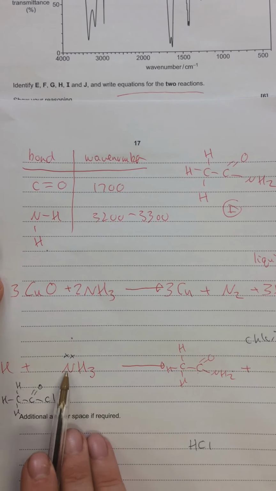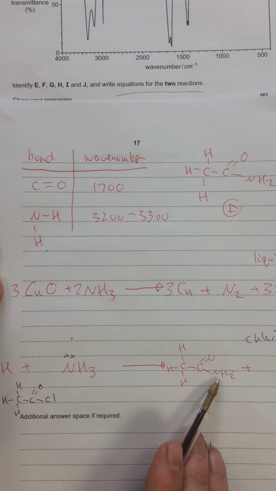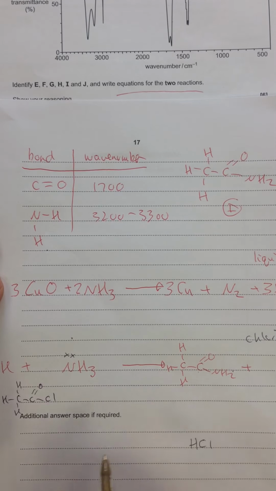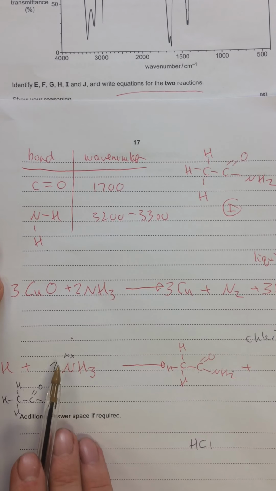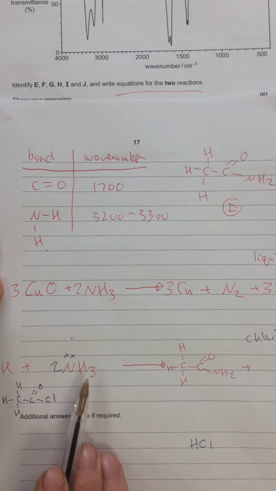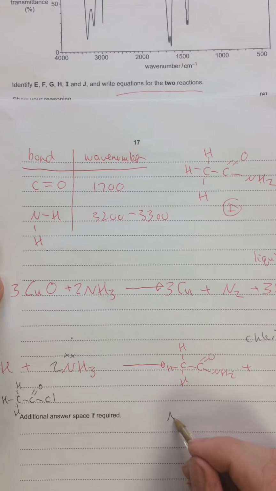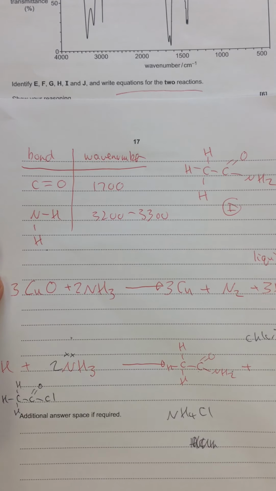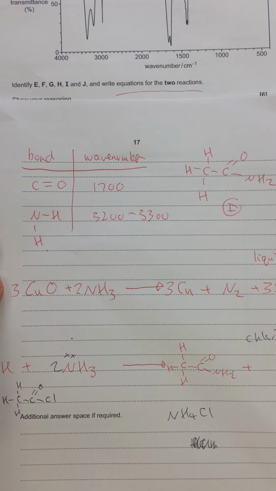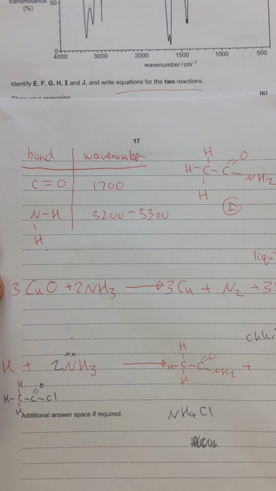So the first molecule of ammonia will attach onto this carbon to end up as an amide, and that will produce HCl. A second molecule of ammonia then reacts with the HCl, and it basically gives you NH4Cl. So that's your chloride salt, ammonium chloride. So this would be the equation for the second part of the question.